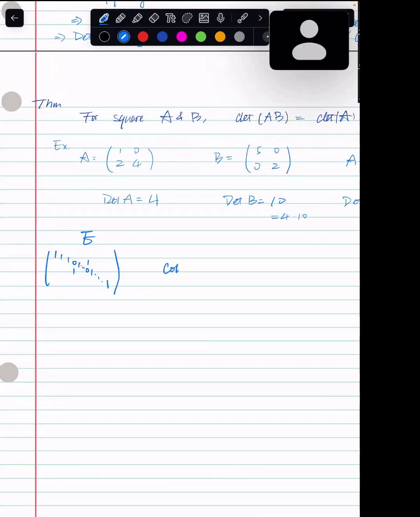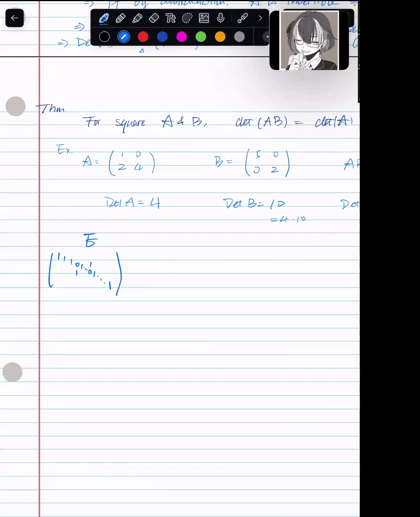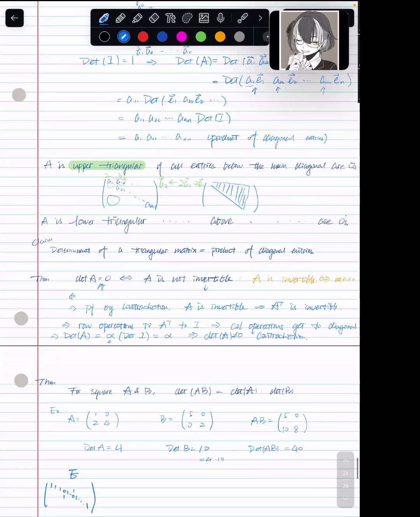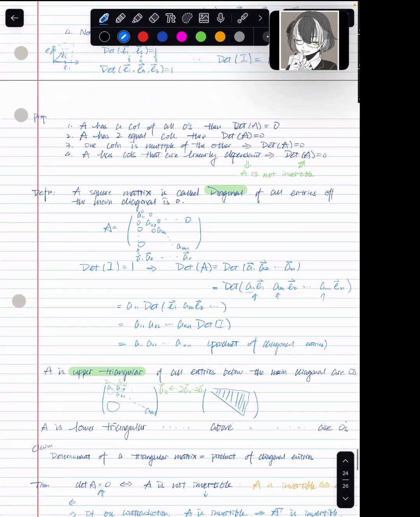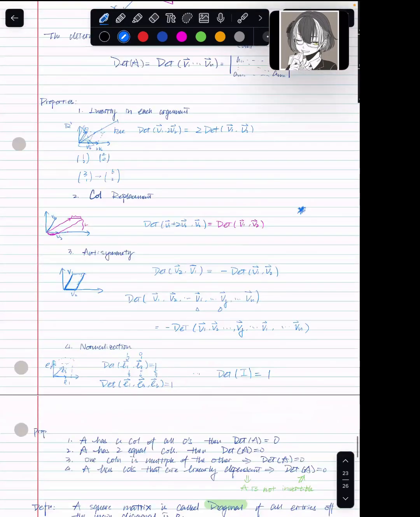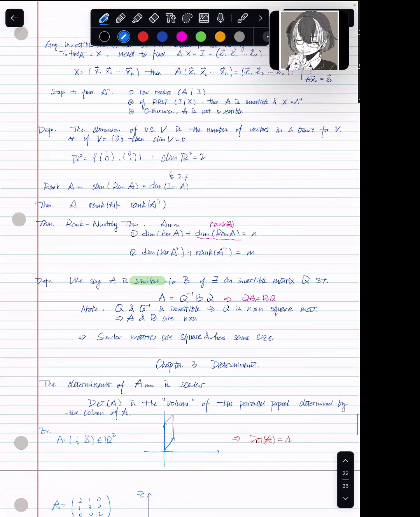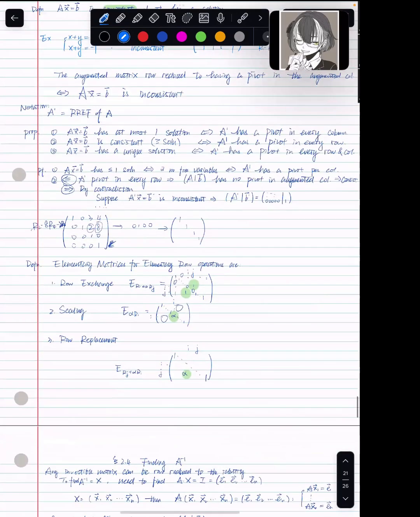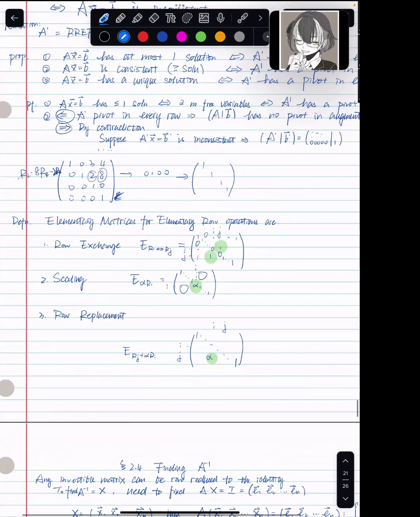Wait, what do you mean with that? So this was our row exchange of the row operations.